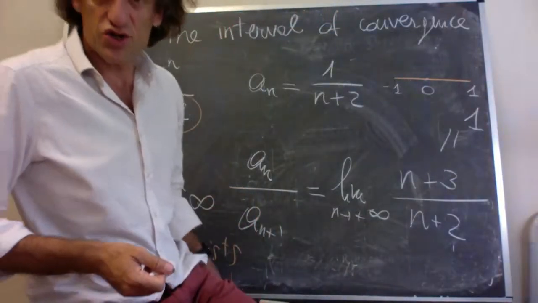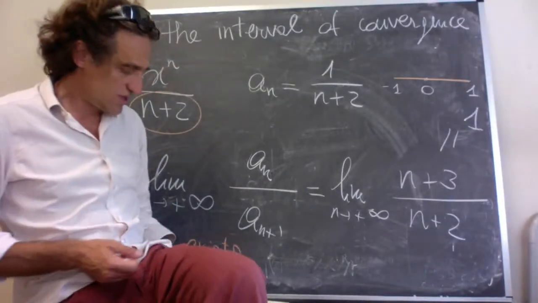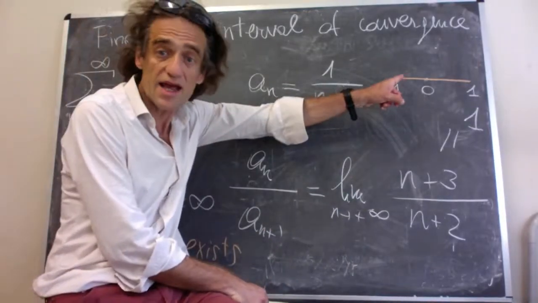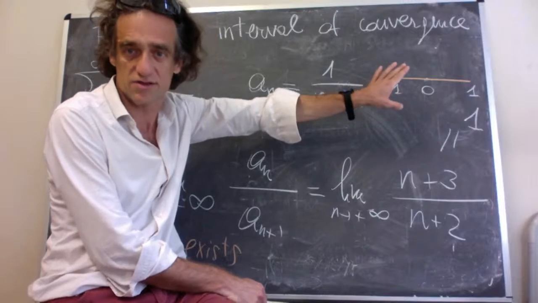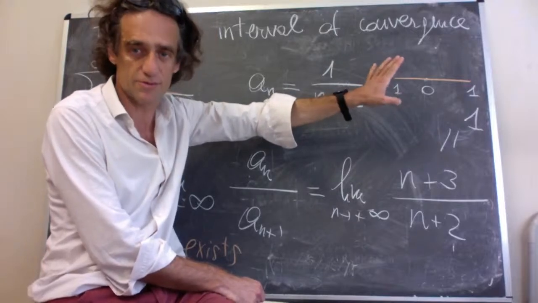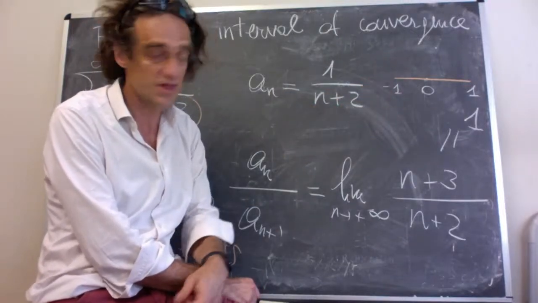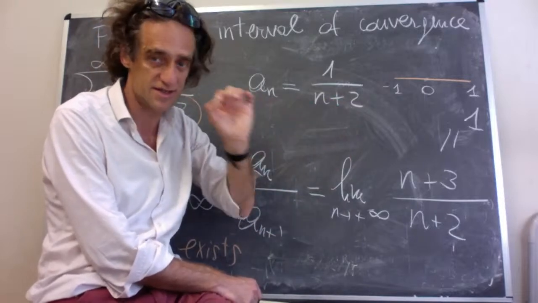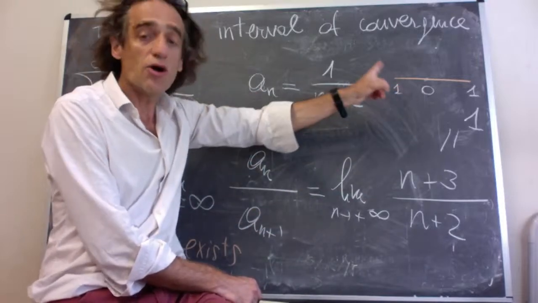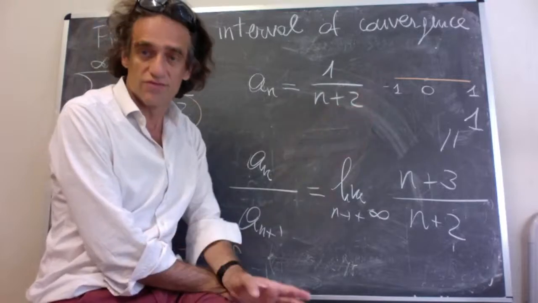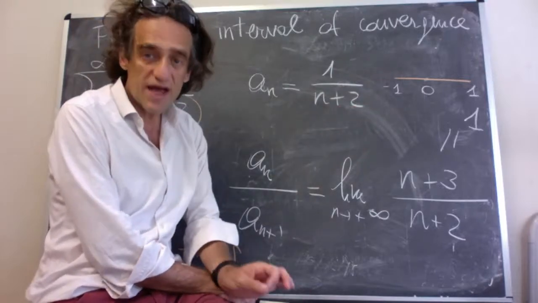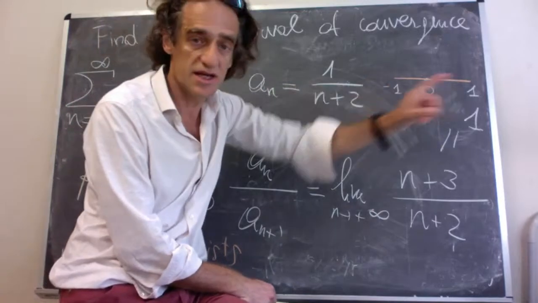And the information we have up to now is that inside this interval there is uniform convergence of the series. Inside the interval, strictly inside. Outside the interval there is no convergence. It remains to decide what happens at the extremes.